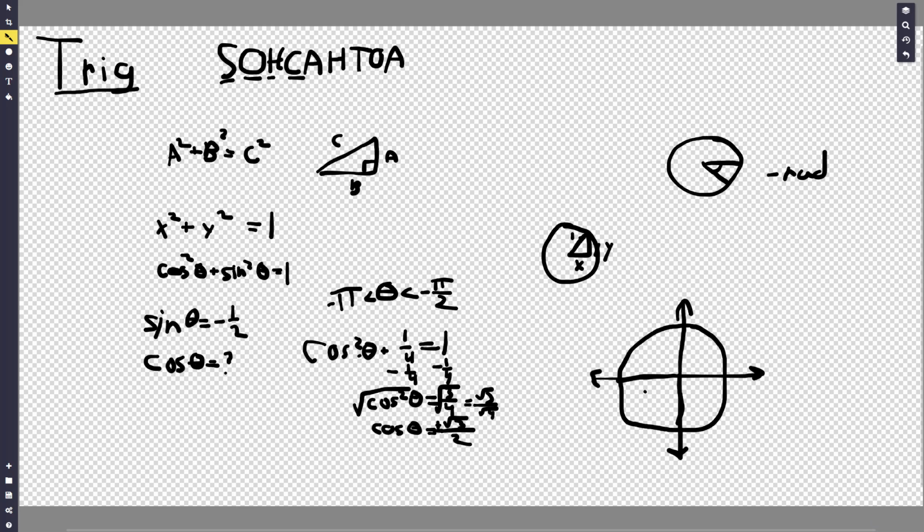So we know that it is in the third quadrant, okay? That means that both the sine and the cosine are going to be negative. So we're going to take the negative option.